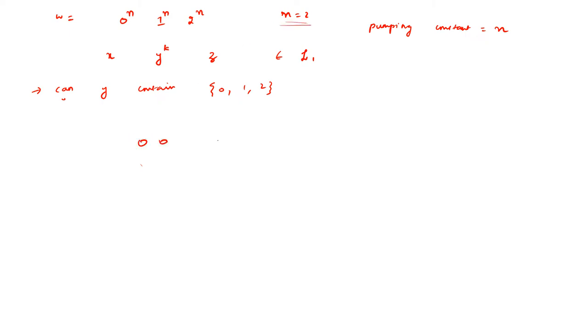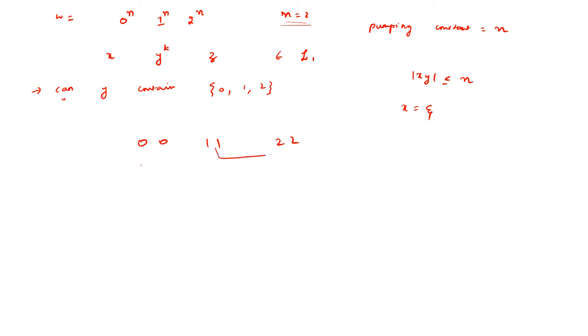If it were 2, then w will be 0, 0, 1, 1, 2, 2. Now we saw a condition that the length of xy together should be less than or equal to the pumping constant n. For the sake of argument, let's say you assumed x equal to epsilon.